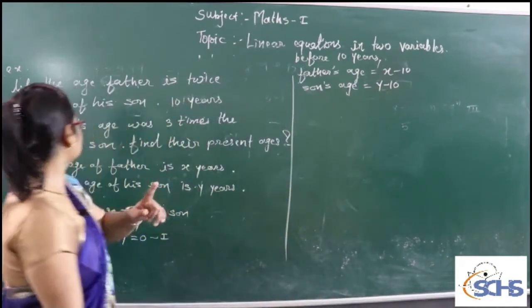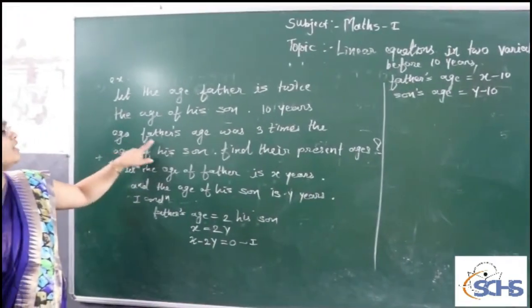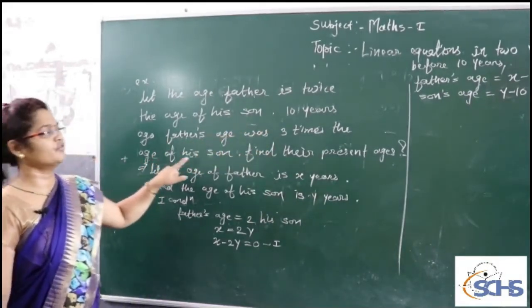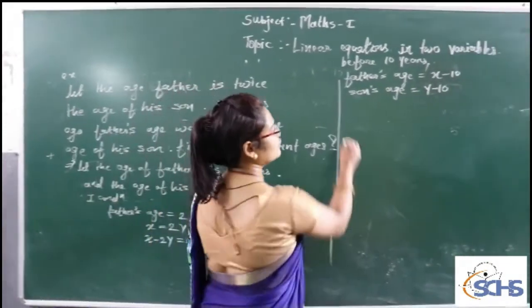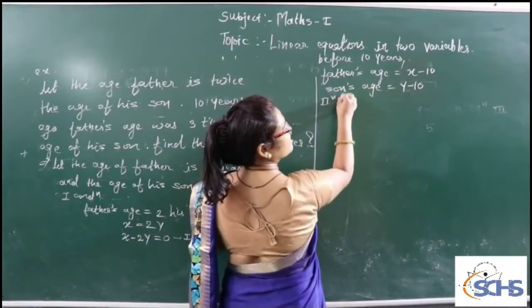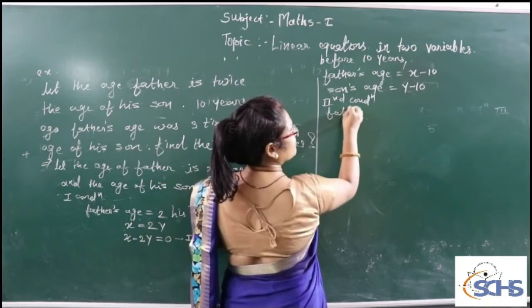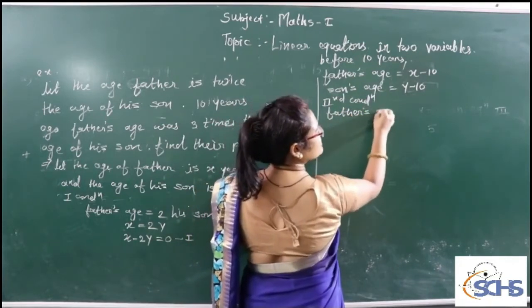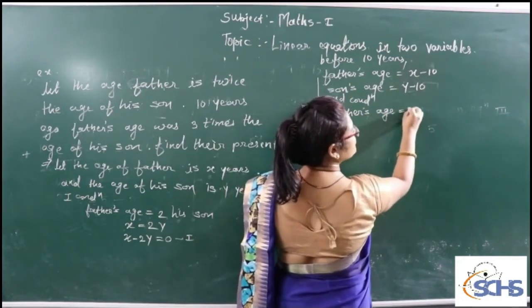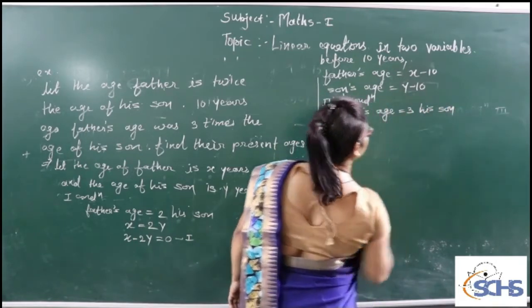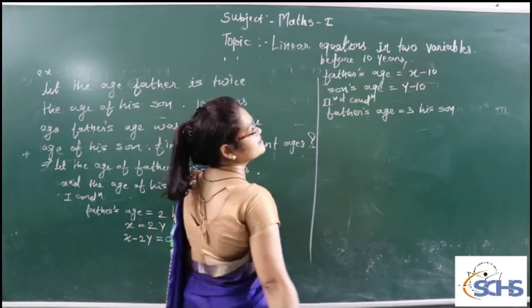Okay, now the second condition is given, father's age was 3 times the age of his son. It means according to second condition, before 10 years father's age equals to 3 times age of his son. Now before 10 years what is father's age?